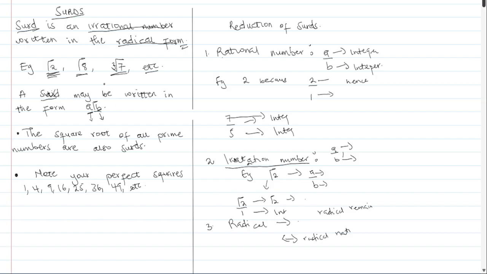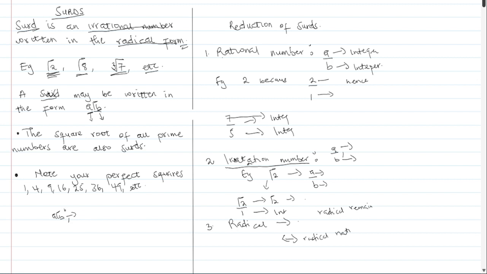Remember, I said you could get a surd which is a cube root, but because of the scope of our study, we are only focusing on square roots. So under this topic, for you to identify a surd, it is always written in the form a root b.